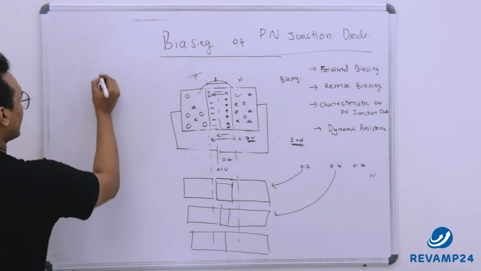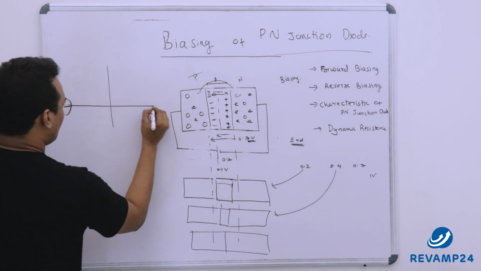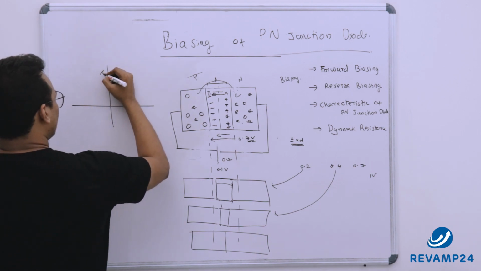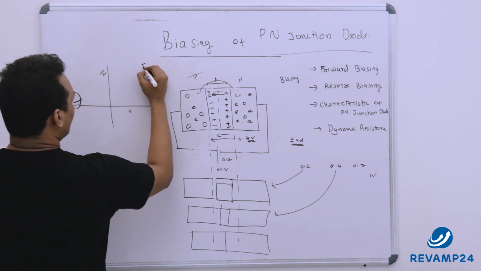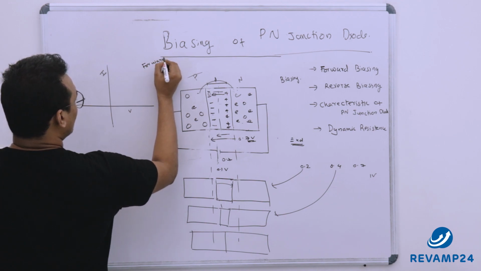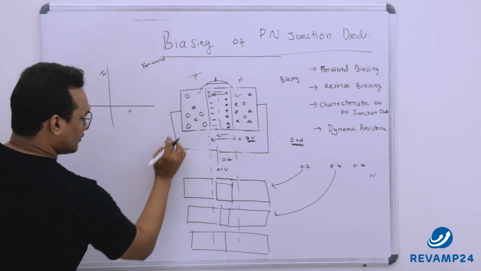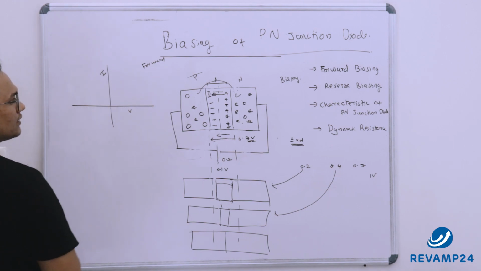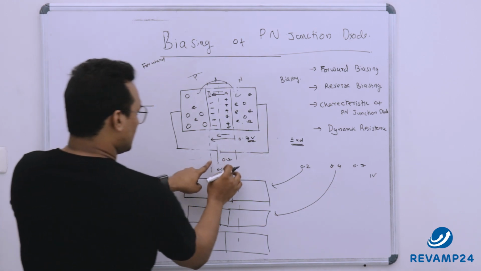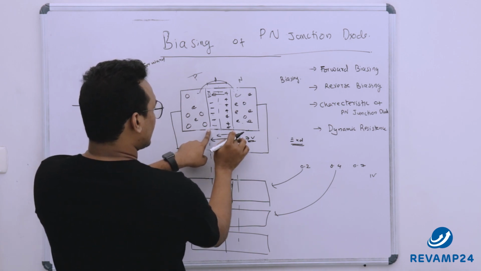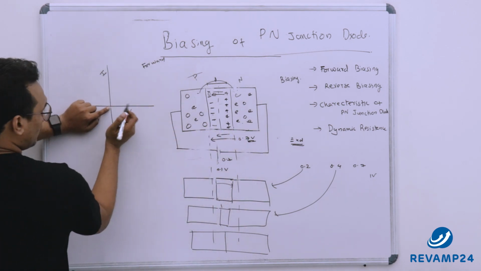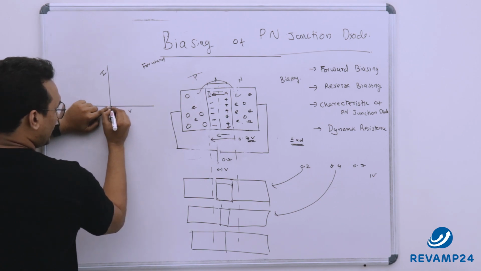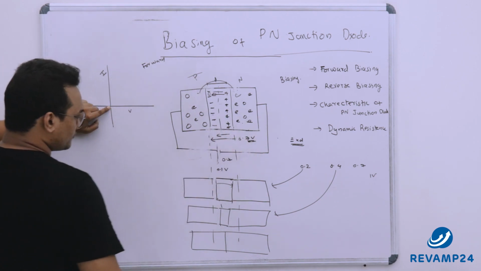Can I plot that on a graph? I am applying a voltage here, and this is the current, and here it's a forward bias, because I am applying V positive. So this is forward bias, this one is reverse bias, because my potential difference is here positive and here negative, right? So from 0 I am increasing the potential. I have applied 0, there is no current.